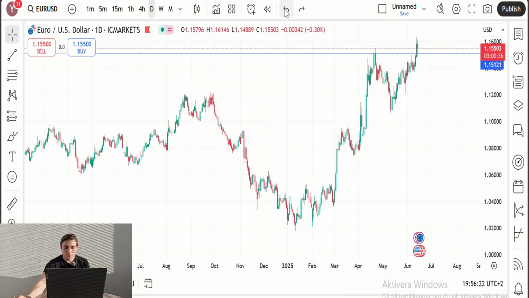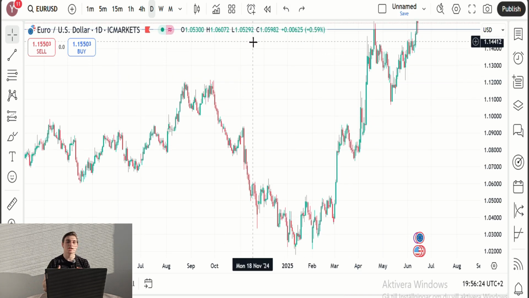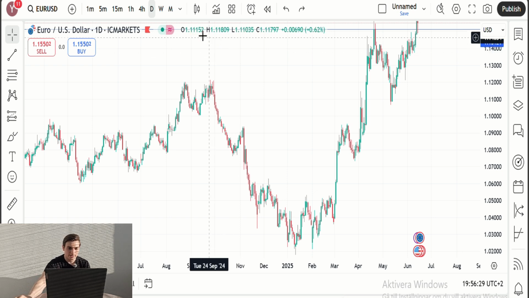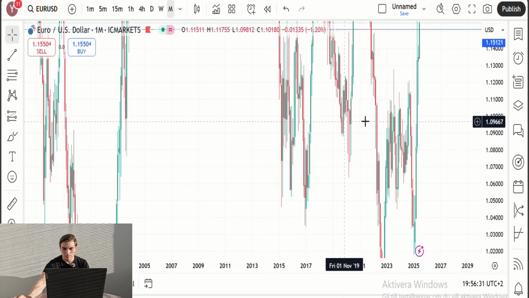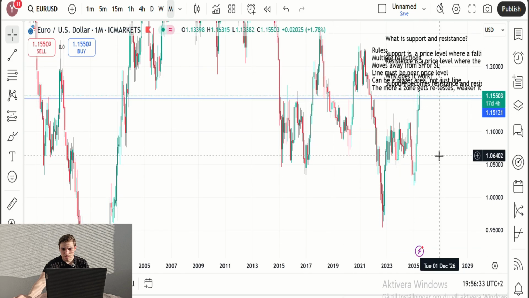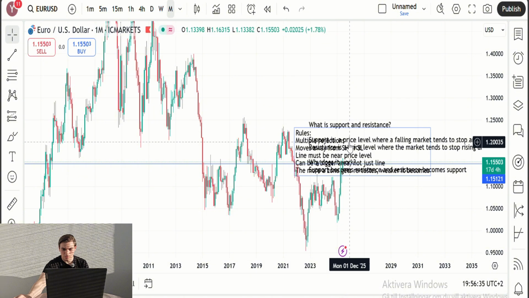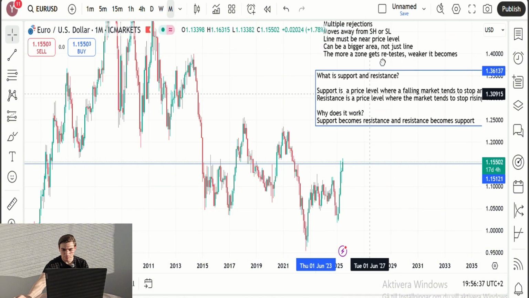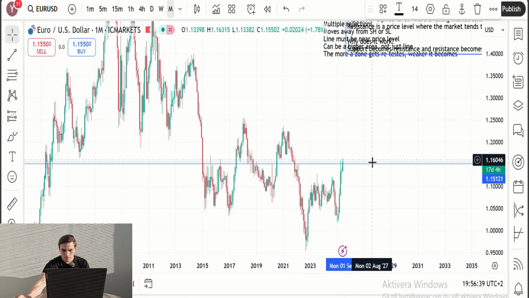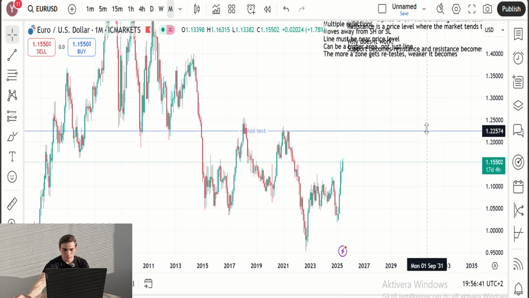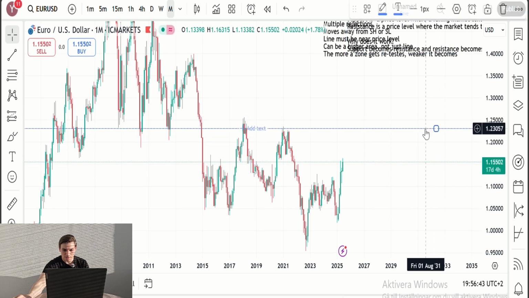So one last thing, this is how I suggest you draw your support and resistance lines on the chart, and that is by starting with the monthly time frame. Starting with the monthly time frame, I will put one resistance here.